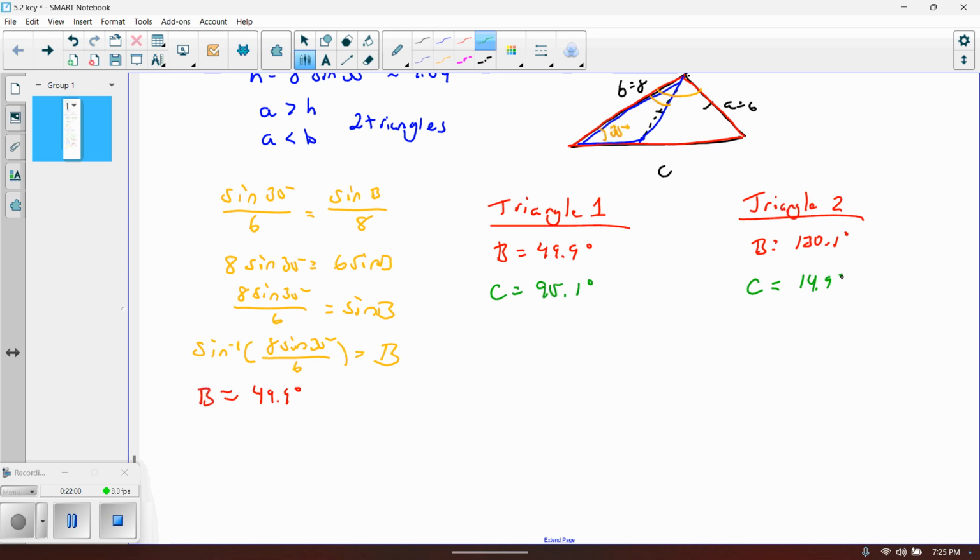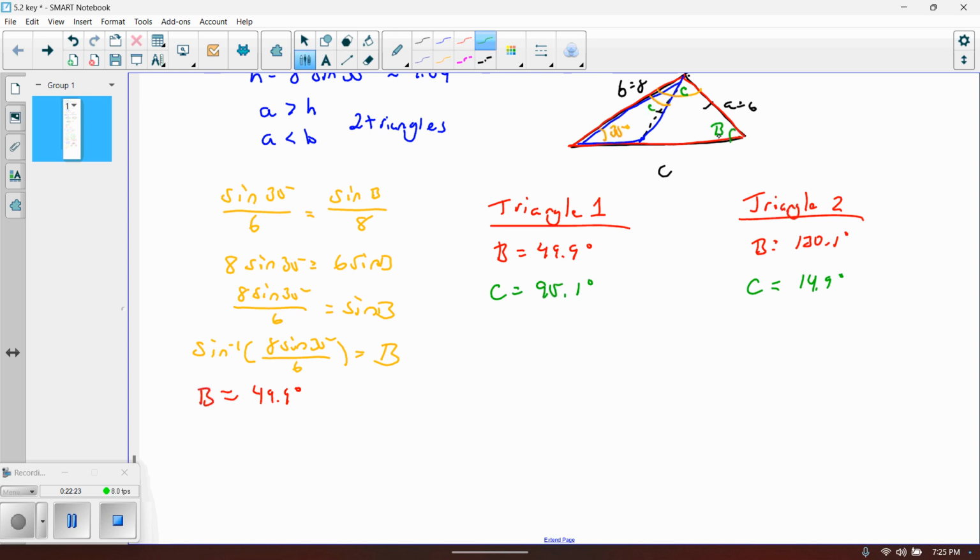So the C value of the bigger triangle, because that's going to be this little angle right, oops, I had that wrong. Sorry, I labeled this completely wrong. Hopefully you caught my mistake. This is actually going to be the C values right here. That's the bigger C, that's the little c.